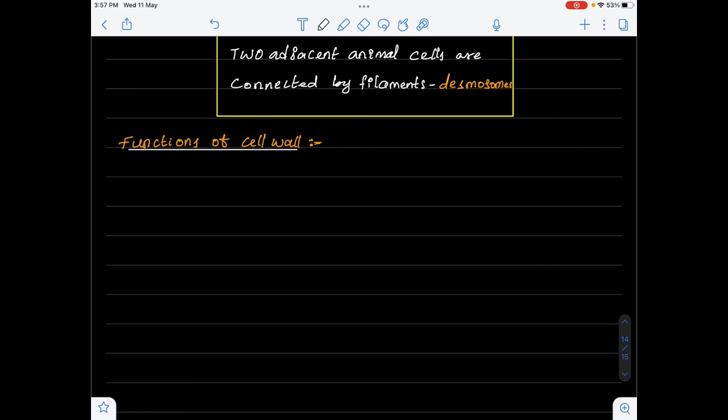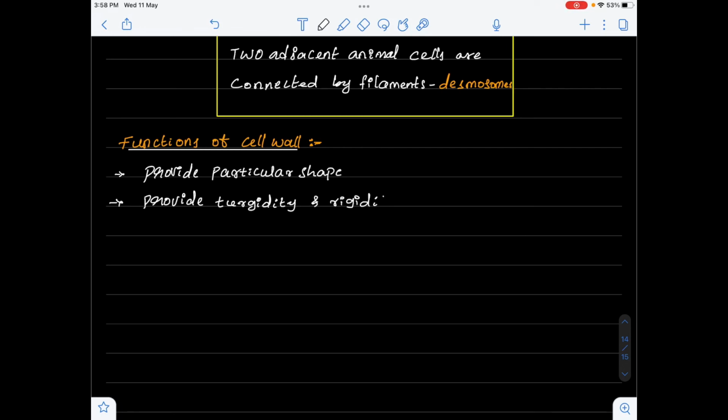The cell wall provides a particular shape. It will provide turgidity and rigidity to the plant cell.